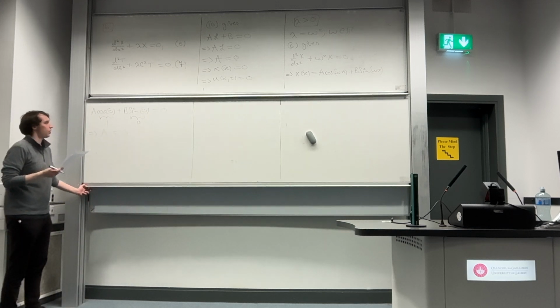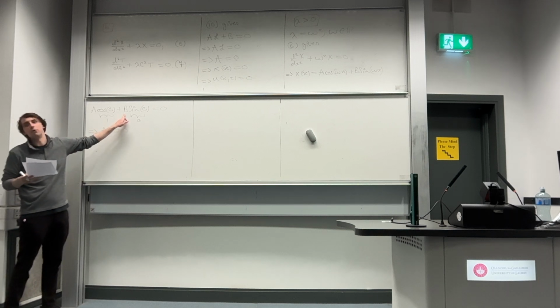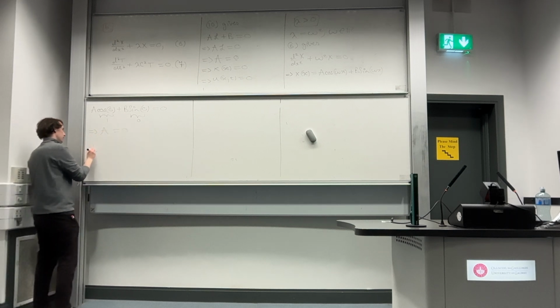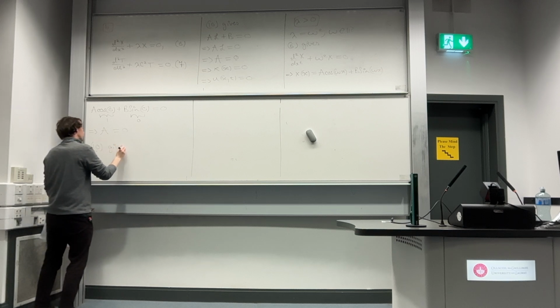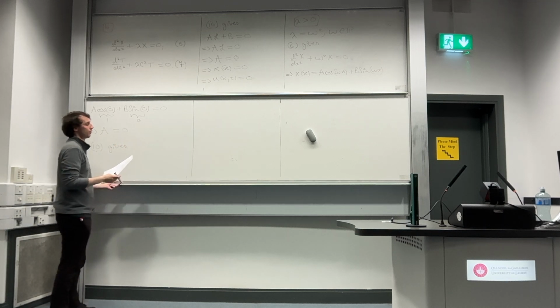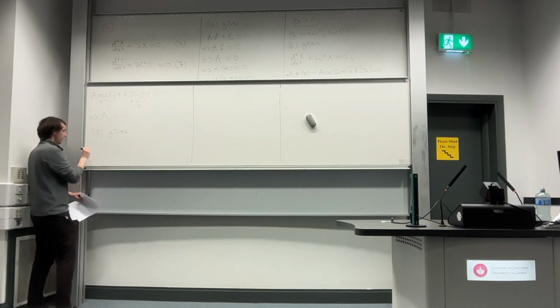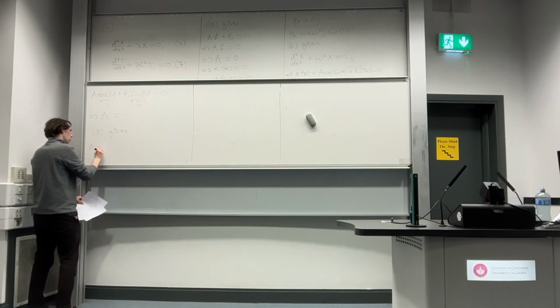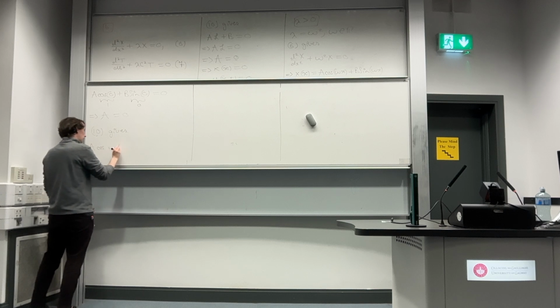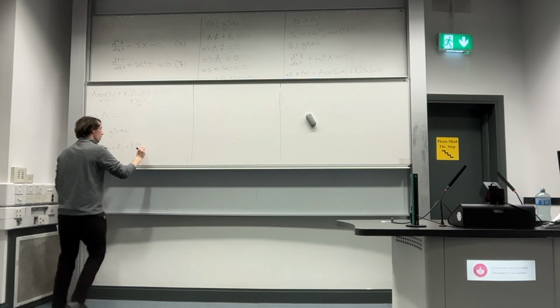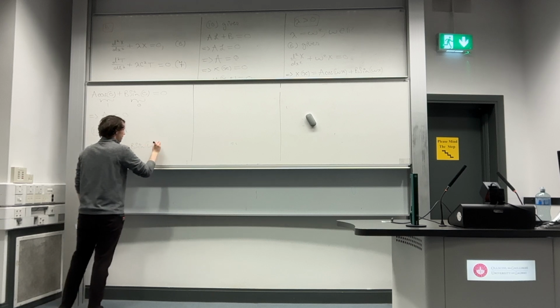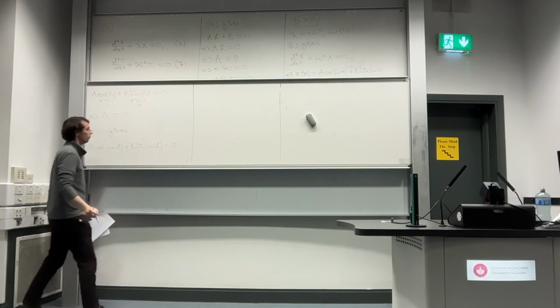Okay. To determine b, we need to use boundary condition 10. So if we impose boundary condition 10 in our solution for x, we get a cosine of omega L plus b sine of omega L, and that has to be equal to 0.